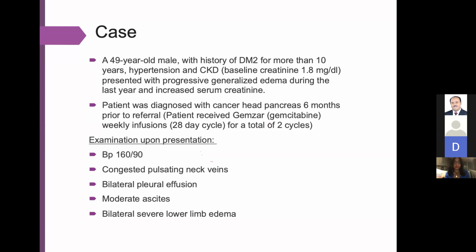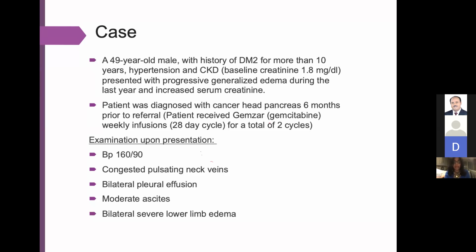Yes, this is true. So as I said, ده كان male patient عنده diabetes بقاله أكتر من 10 سنين، hypertensive chronic kidney disease. He was 49-year-old. His baseline creatinine was 1.8. He presented with progressive generalized edema during the last year and increased serum creatinine. العيان was diagnosed with malignancy, cancer head pancreas 6 months prior to his presentation.